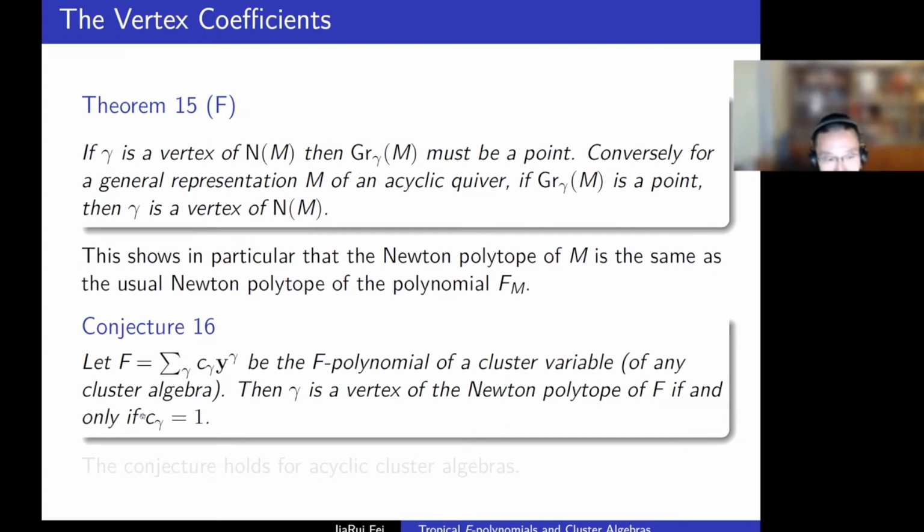The claim is that the coefficient on the vertex is always 1. I proved that this conjecture holds for all acyclic cluster algebras. But the conjecture says it holds for any cluster algebra, and only states it for cluster variables. It is not true for any basis or any particular basis, but for cluster variables, it is true.